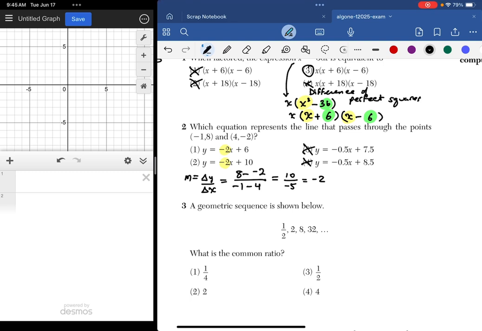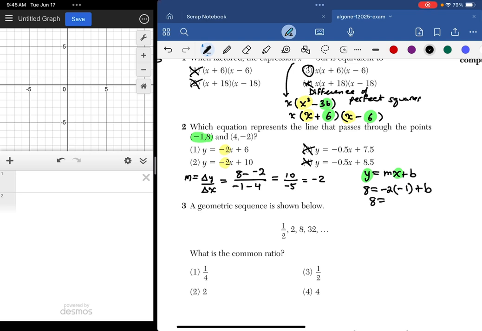All right, so then I would use, again, doing it manually, y equals mx plus b. I'll choose one of the 2 points. Doesn't matter which one, as long as you grab both coordinates from that point. I'm going to put the 8 in here and the negative 1 in here. So we're looking at 8 equals, I have that slope, we just figured it out, negative 2 times negative 1 plus b.